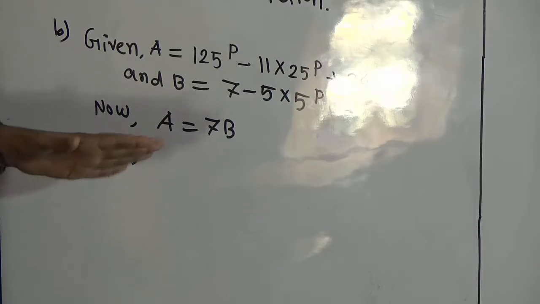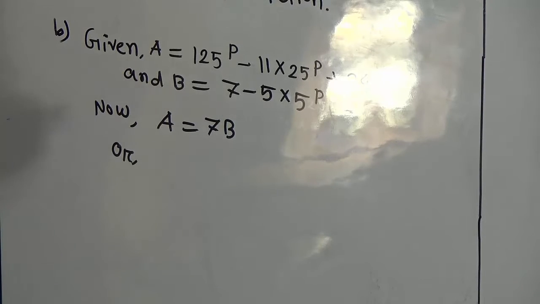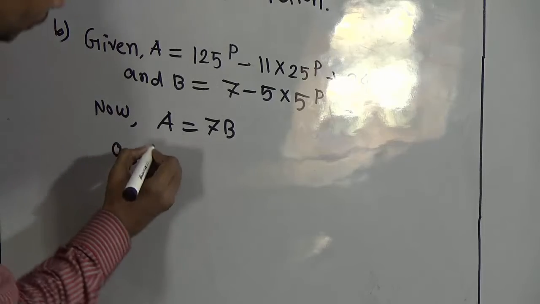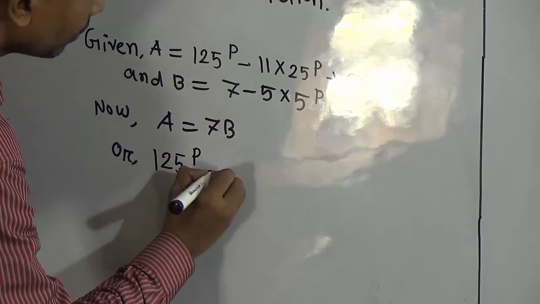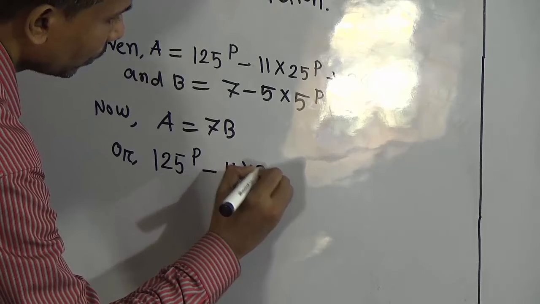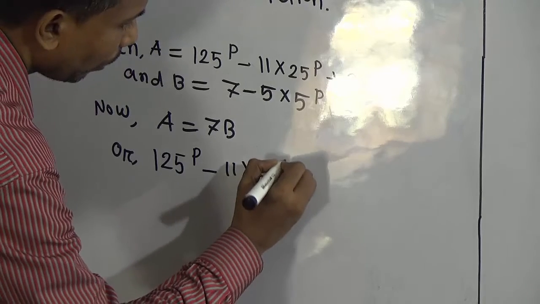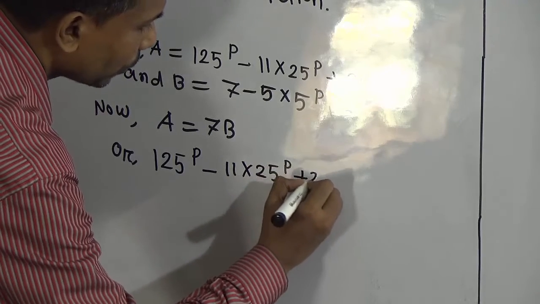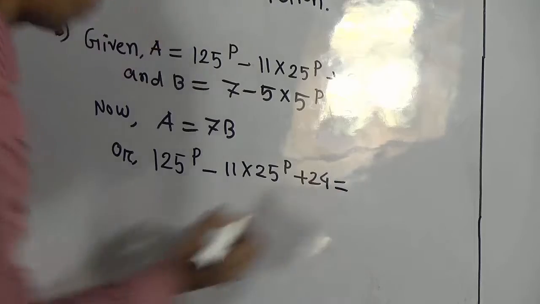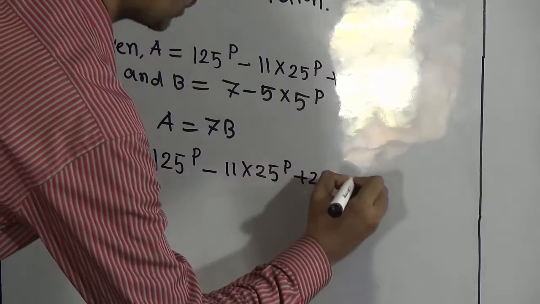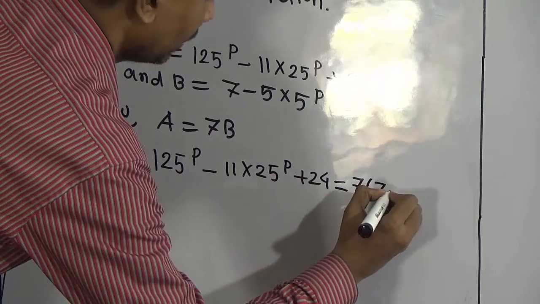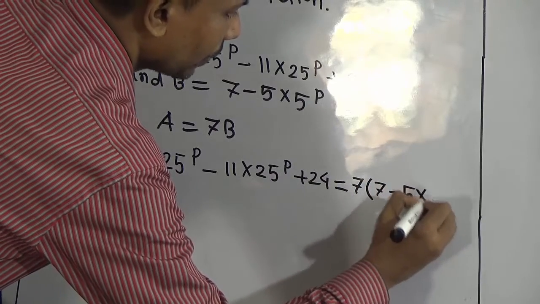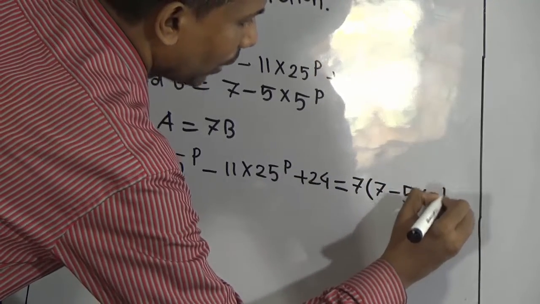Now we have to find out the value of P. Look, you see here A equal to 125 power P minus 11 into 25 power P plus 24. This equal to 7 into B, B equal to 7 minus 5 into 5 power P.